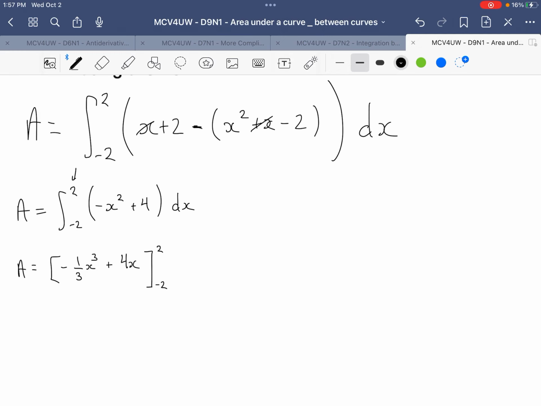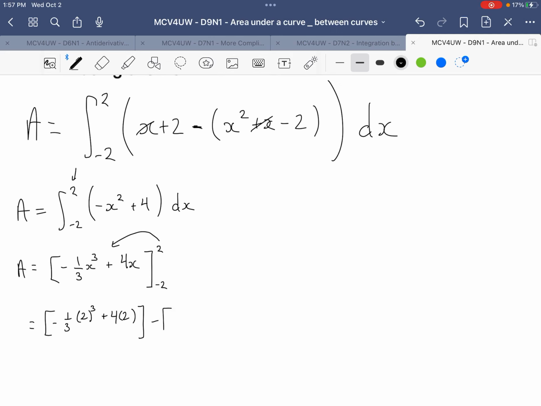Now, how we sub in these values is I do the function when it equals 2 minus the function when it equals negative 2. So how that works would be negative 1/3 of 2 cubed plus 4 times 2.